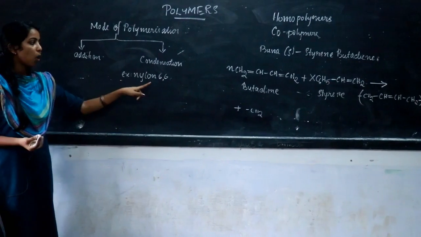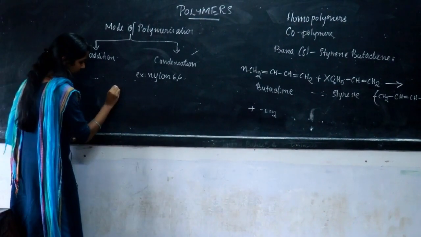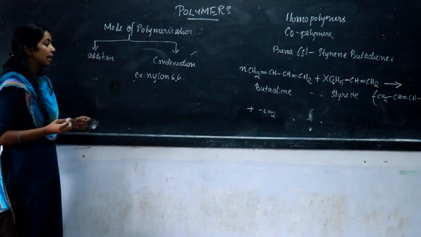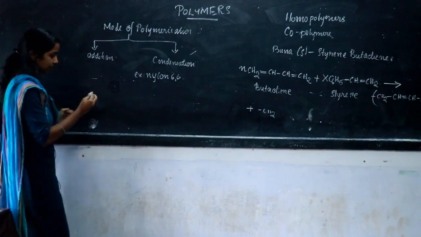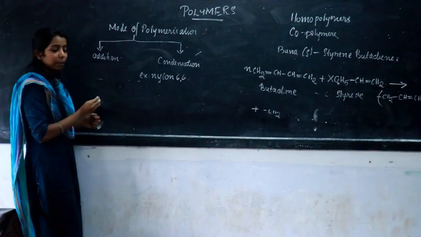Nylon 6,6 is formed from the monomers hexamethylene diamine and adipic acid.